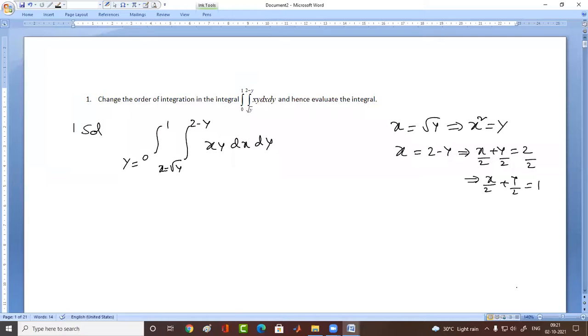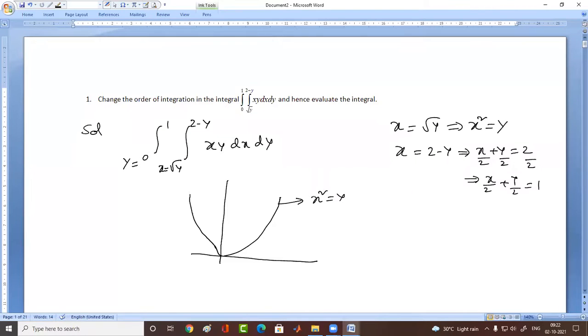So first identify the region. I will write here. First, x equals root over y is a parabola, x square equals y.